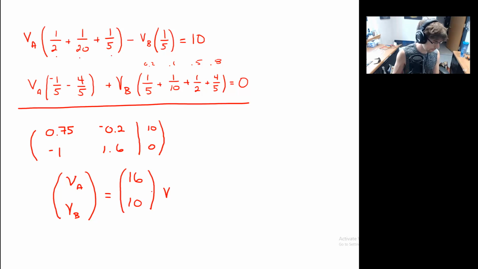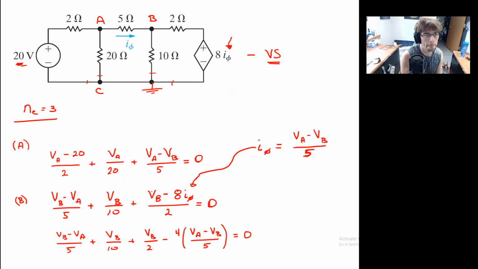And so now we can go through and find all of the currents in every branch on the circuit. Right? We have things like, well, let's go back and check. We have now VA is 16. Okay? VB is 10.